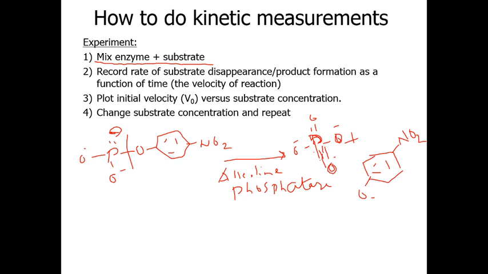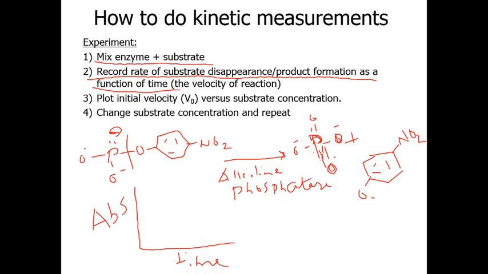Now the way we monitor this reaction or record rate of substrate disappearance or product formation as a function of time is using absorbance. So we are measuring absorbance over time. Now, how are we measuring absorbance? The nitrophenyl product that is coming out of this reaction can be monitored at 400 nanometers.